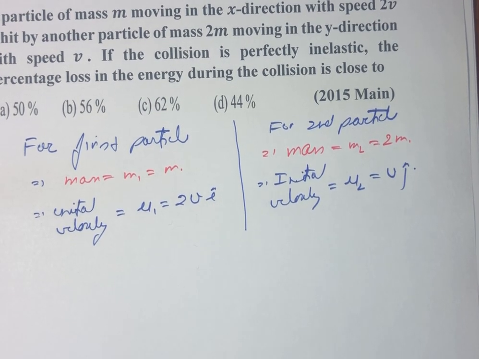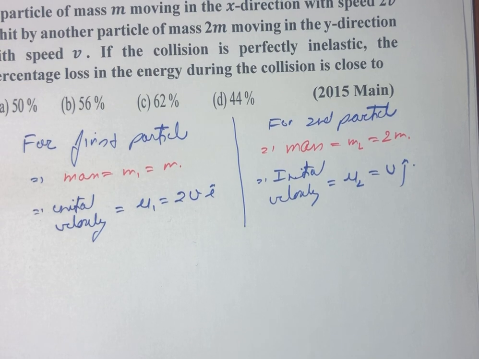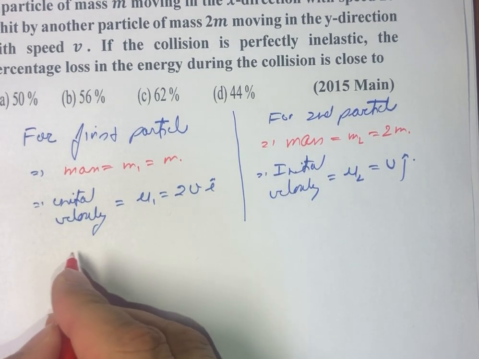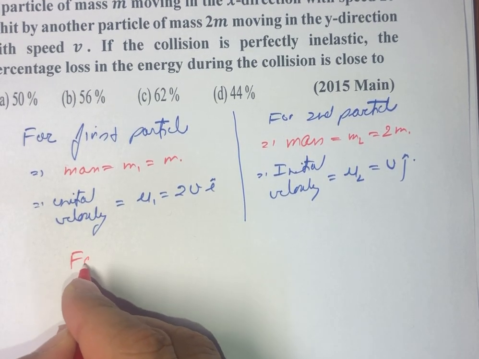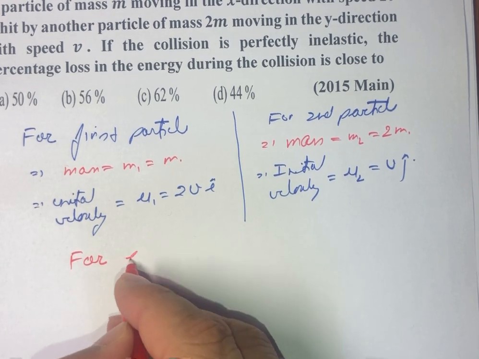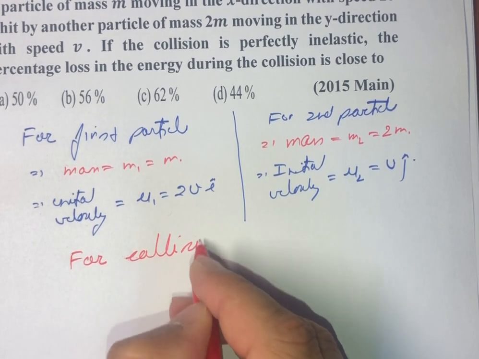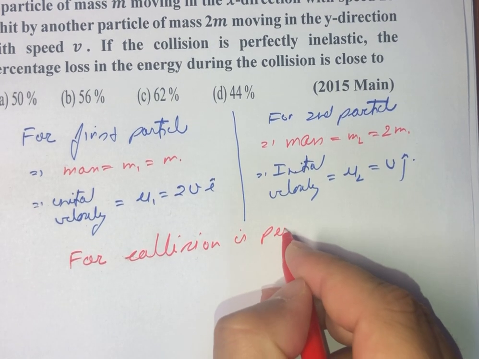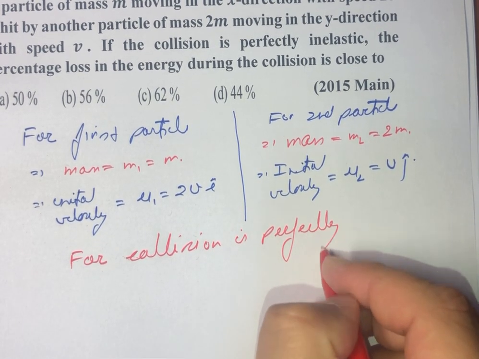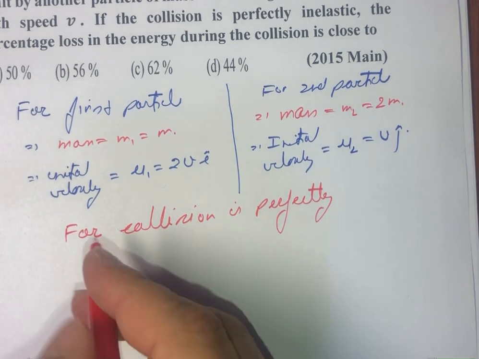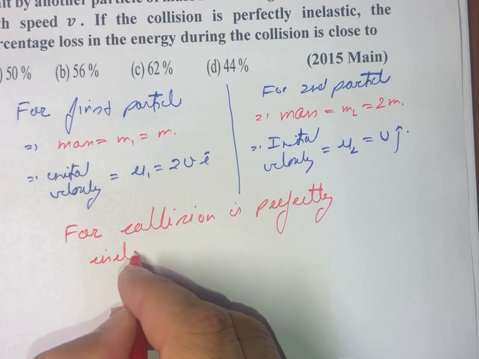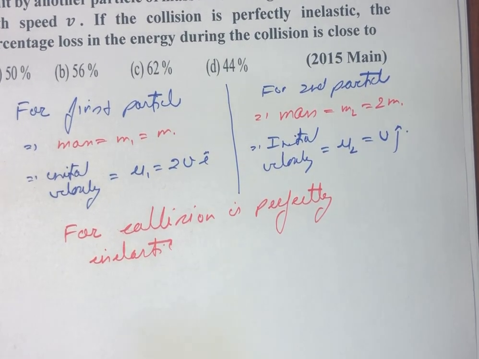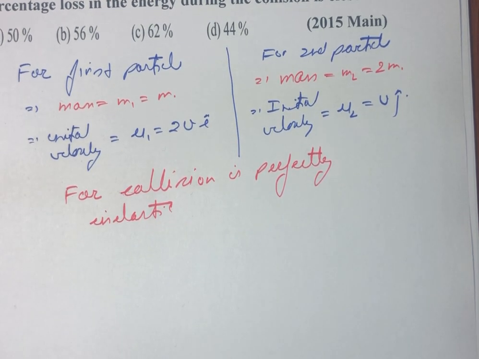So it is also given that their collision is perfectly inelastic. So both masses will combine together and move with the same velocity.